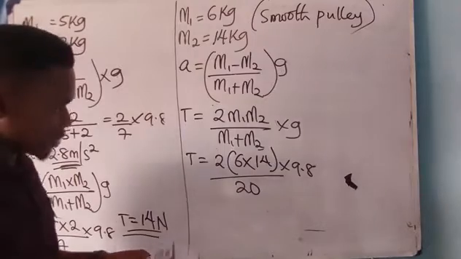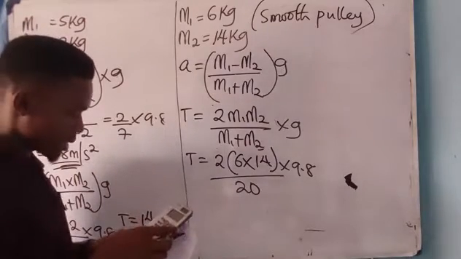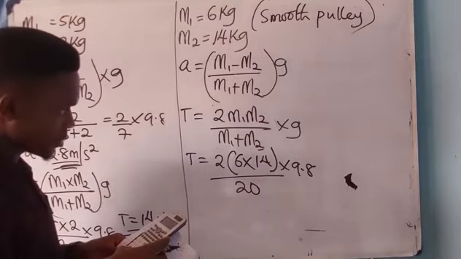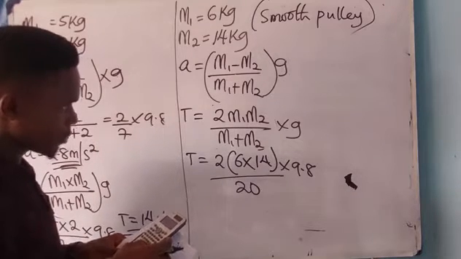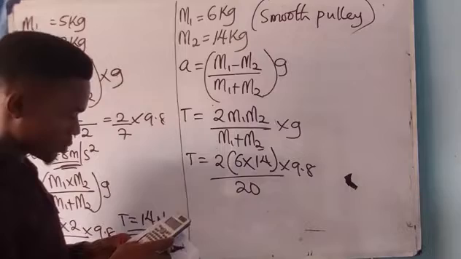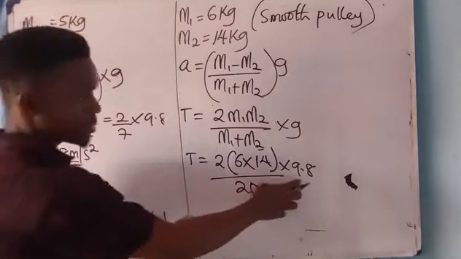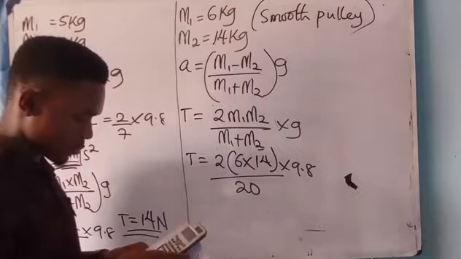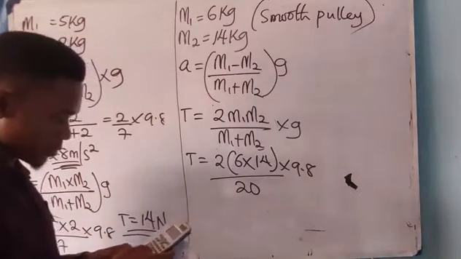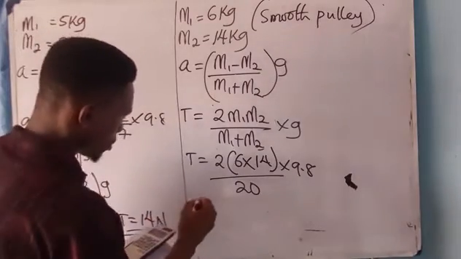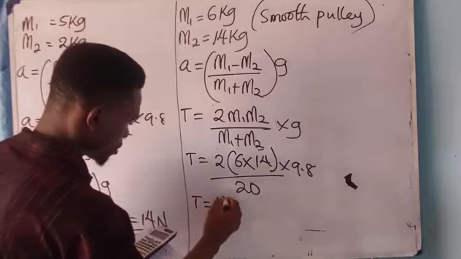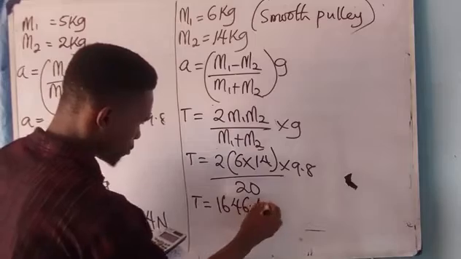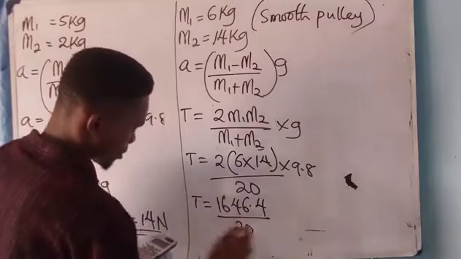So this side is going to be 14 times 6, which equals 84, times 2 is 168. 168 times 9.8 equals 1646.4 divided by 20.